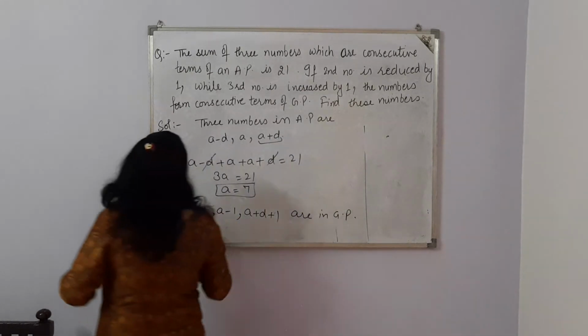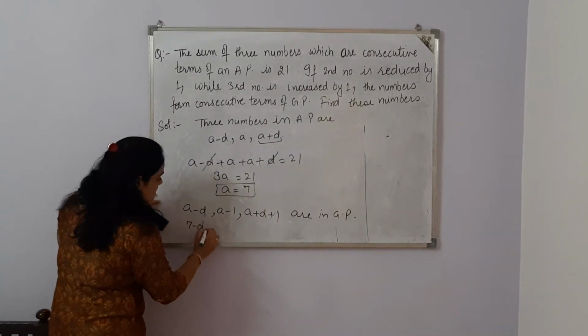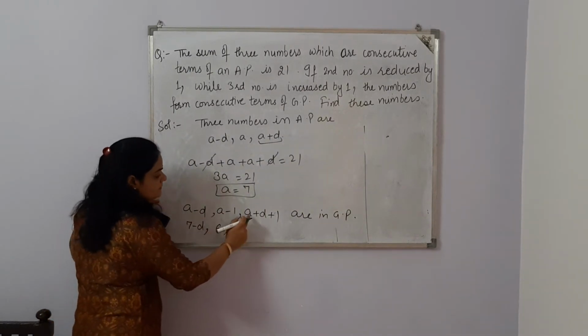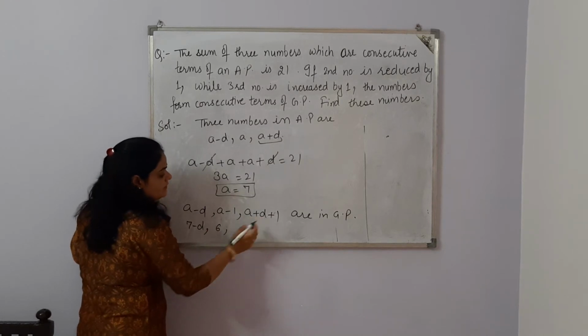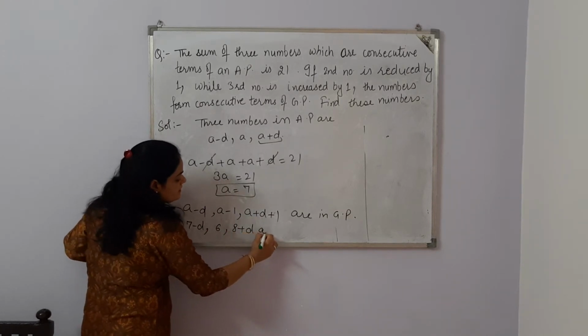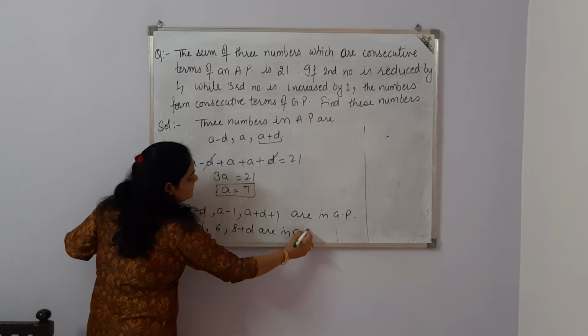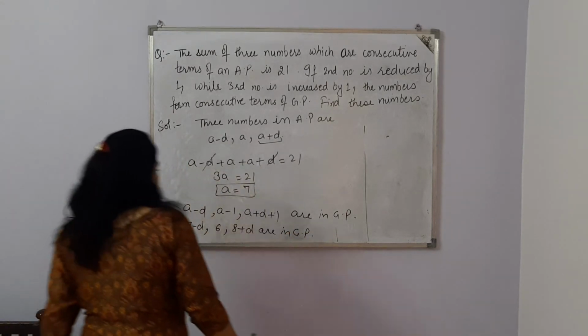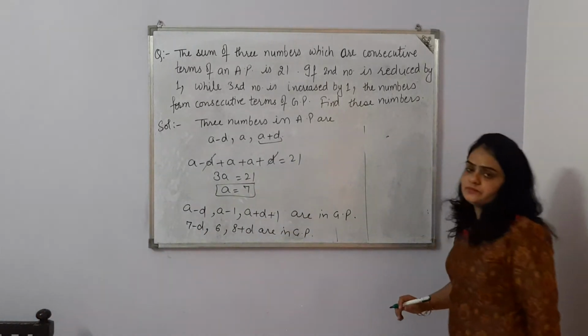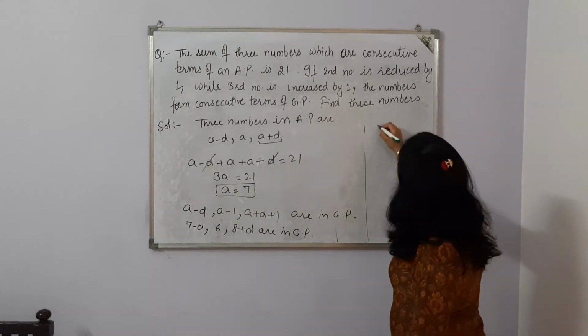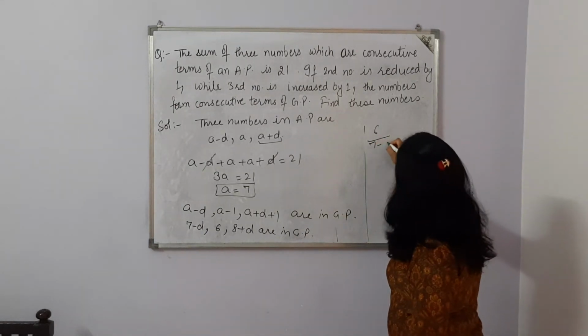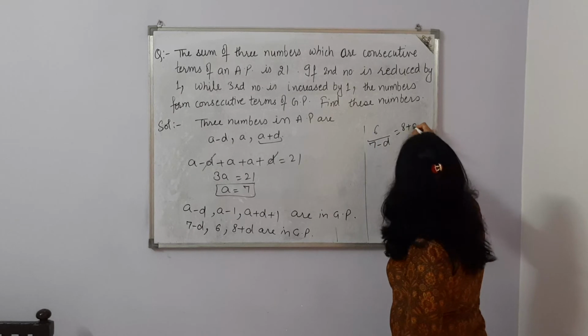So 7 minus 1 which is 6, 7 plus D plus 1 which is 8 plus D are in GP. The ratio is common, so 6 upon 7 minus D is equal to 8 plus D upon 6.